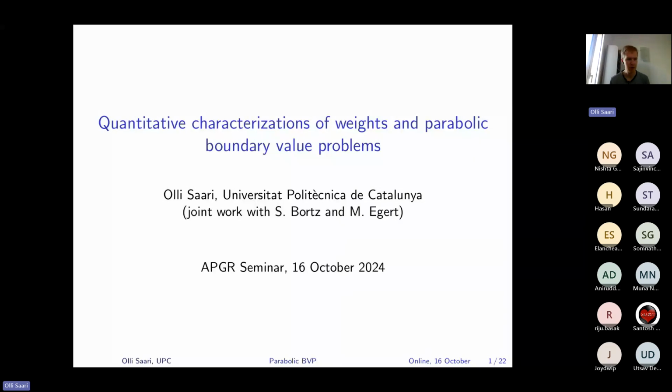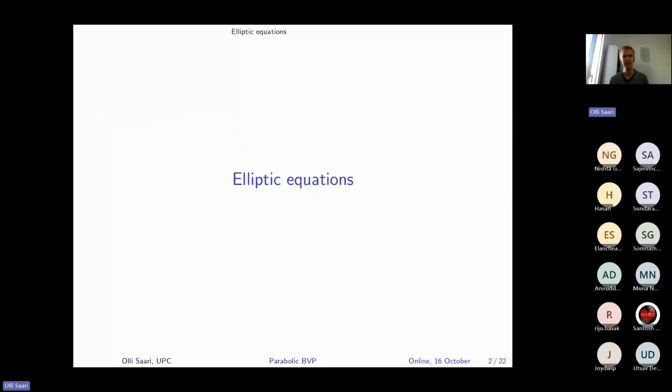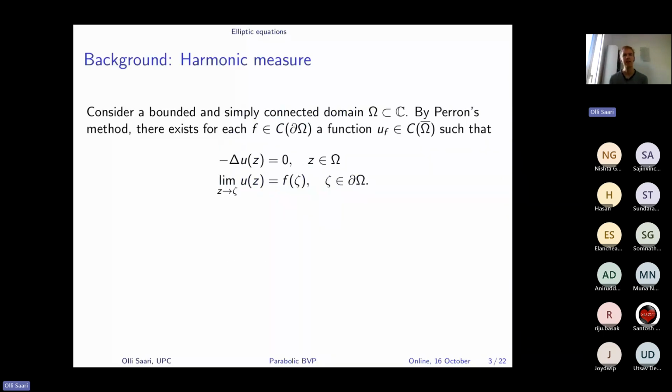So let's start from the results in elliptic partial differential equations, and let's go to the thing which is familiar to all of us from complex analysis. So let's consider a bounded and simply connected domain in the complex plane. And now we are solving the Dirichlet problem in this domain with continuous boundary data.